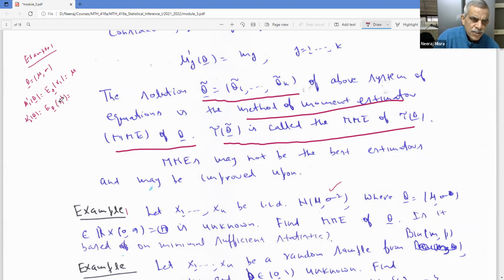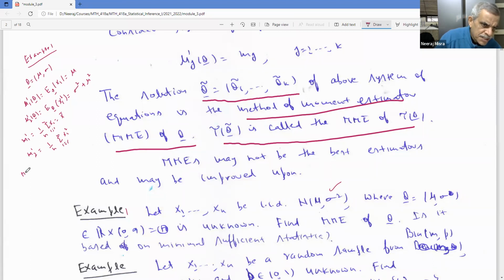Expected value of x1 square, you know, is the same as variance of x1, which is sigma square plus mu square. What is m1 prime? The sample mean, right? The first sample moment. What is the second sample moment? Which is 1 upon n summation i equal to 1 to n, xi squared.